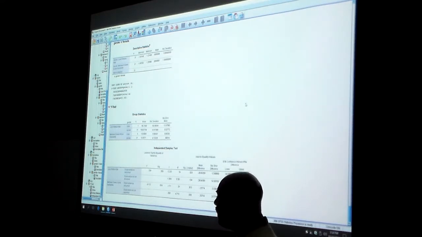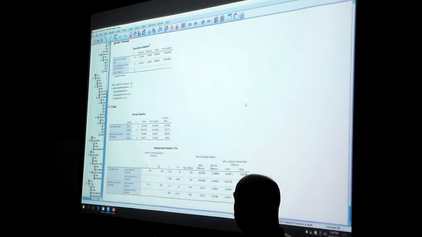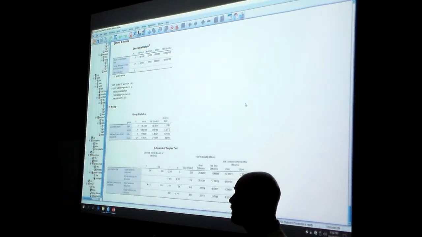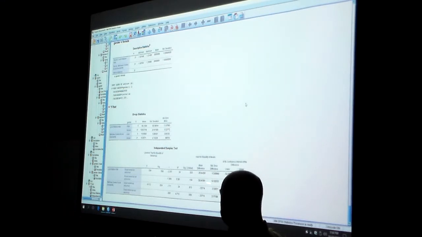Now, what would have happened, Alex, if we had assumed equal variances not, or had equal variance not been assumed? Changed in values. Yeah, okay. What we're doing here is, if we were to run these analyses not assuming equal variances, we use this second row, which is a Satterthwaite solution that we had talked about previously.